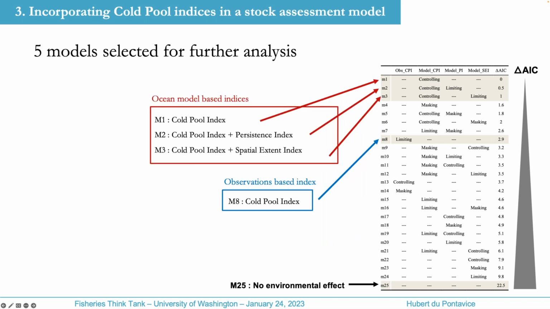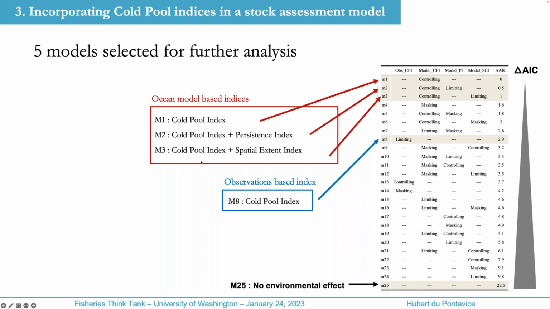And then, based on AIC, 5 models were selected for further analysis. The selected models are represented here. This included M1, the best model with 1 cold pool index, and the 2 best models with 2 combined cold pool effects: M2, the model in which the cold pool index is associated with the persistence index, and M3, the model in which the cold pool index is associated with the spatial extent index.